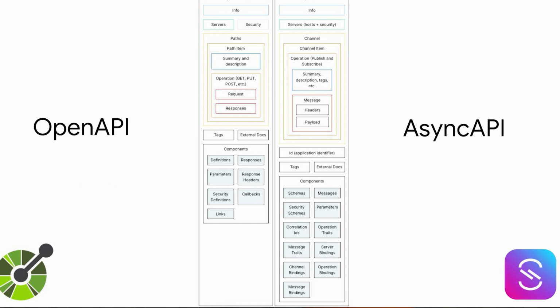So you don't have all this put, get, and all that HTTP operations. It's either publish or subscribe. And then you don't have request and response. Instead, you have messages, right? So the message have headers and payload. So that's the difference. It's similar concepts, except it's OpenAPI applied to event-driven architectures. So you have the channel, operation, and the messages. And then you can define the format of the messages in the schemas down here.